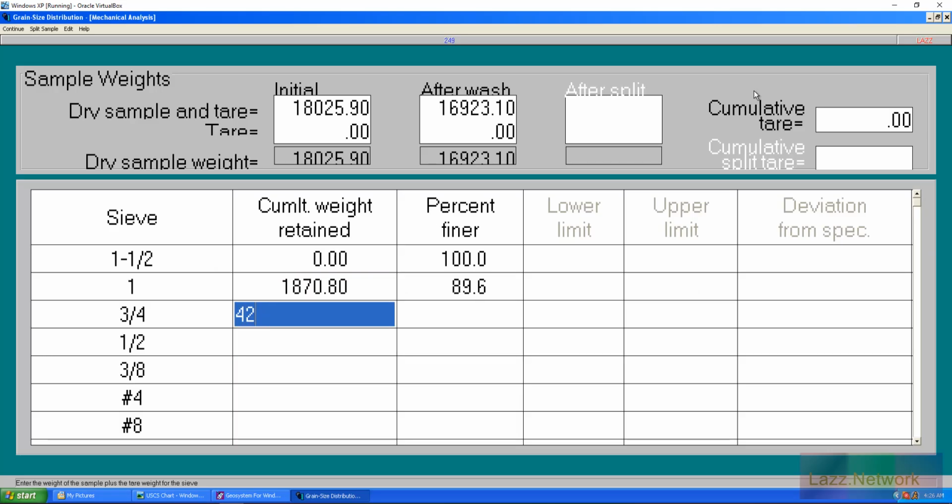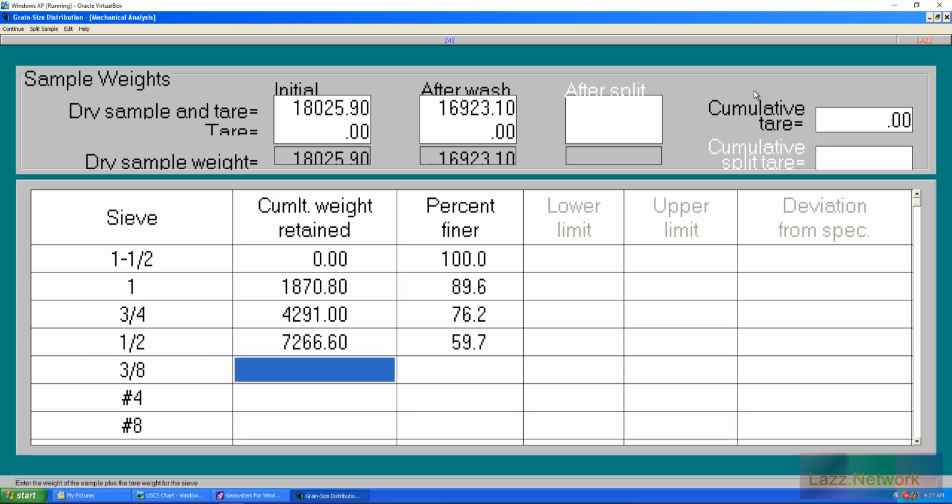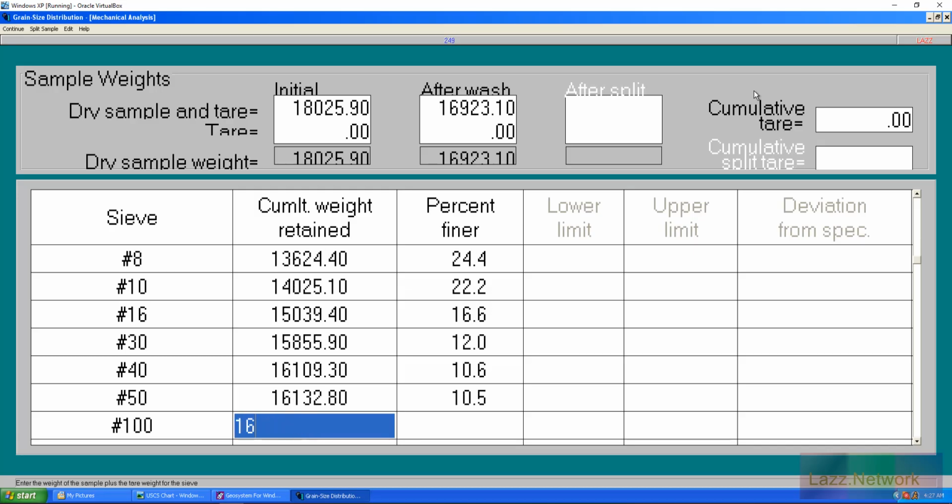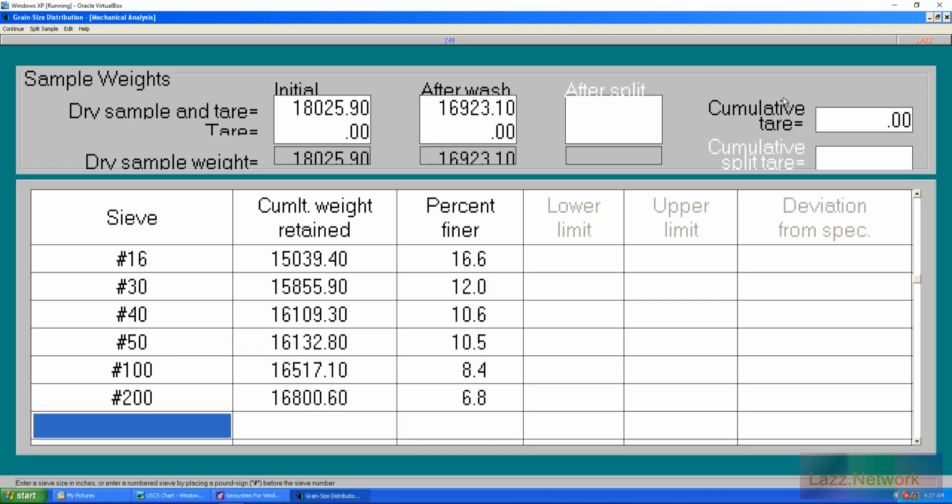Let's see, 14.00, 66.60, 86, 83.40, 11.40.60, 13, 4.40, 14.0, 25.10, 10.0, 15.855.90, 16.109.30, 16.132.80, 16.517.0, 1600.6. Okay, there we go.